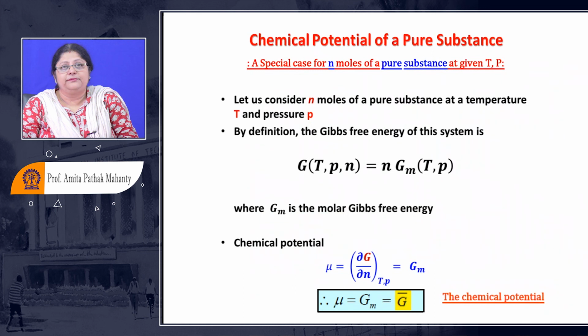That means you are doing G by n, which is per mole, the molar Gibbs free energy, right? So chemical potential for a pure system is nothing but the molar Gibbs energy, right?